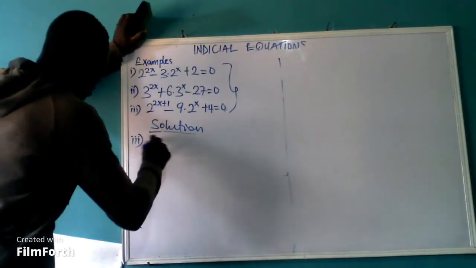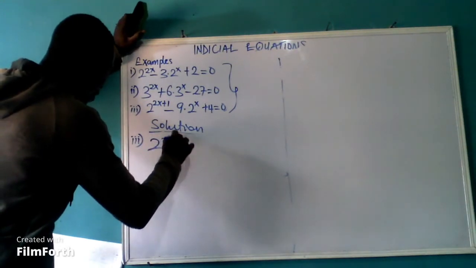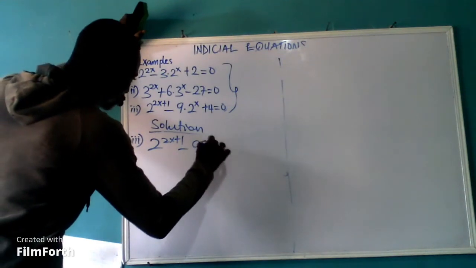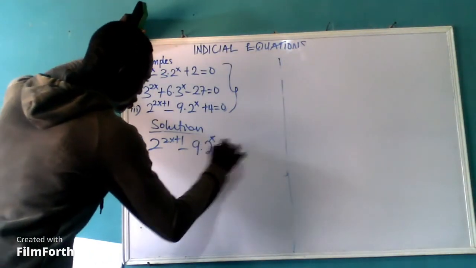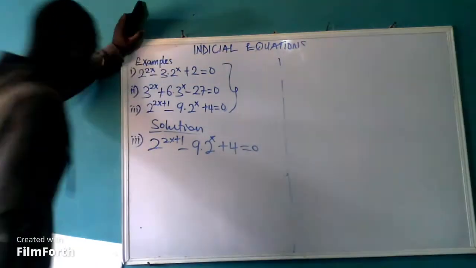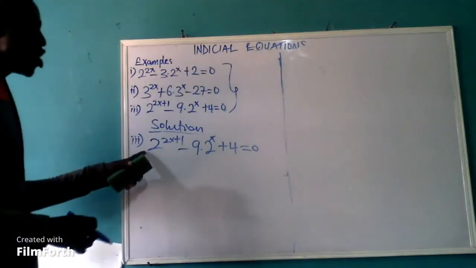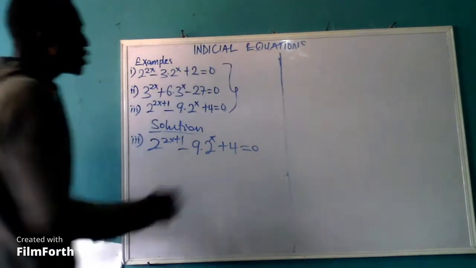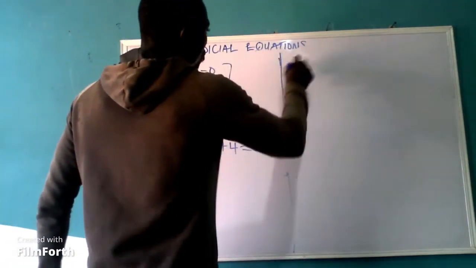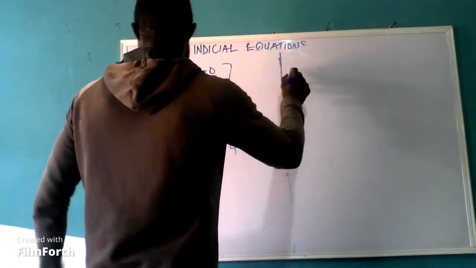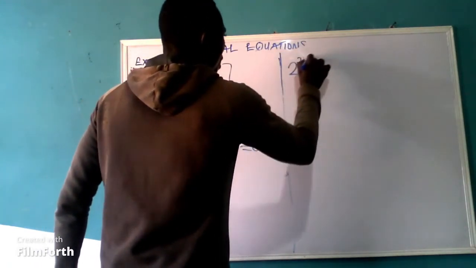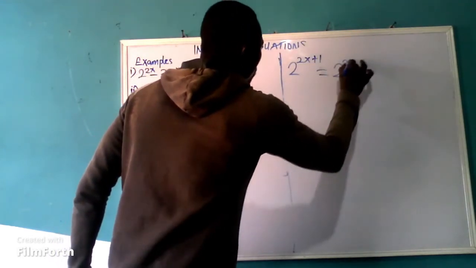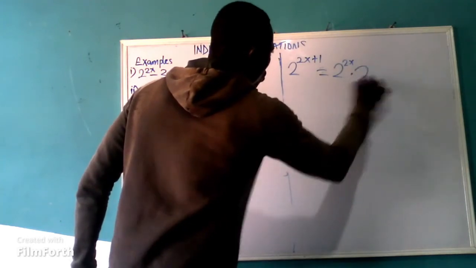The next equation is 2 raised to power 2x plus 1, minus 9 multiplied by 2 raised to power x, plus 4 equal to 0. Now, going by the laws of indices, the law that has to do with the product of two or more common bases, you can write 2 raised to power 2x plus 1 as 2 raised to power 2x times 2 raised to power 1.